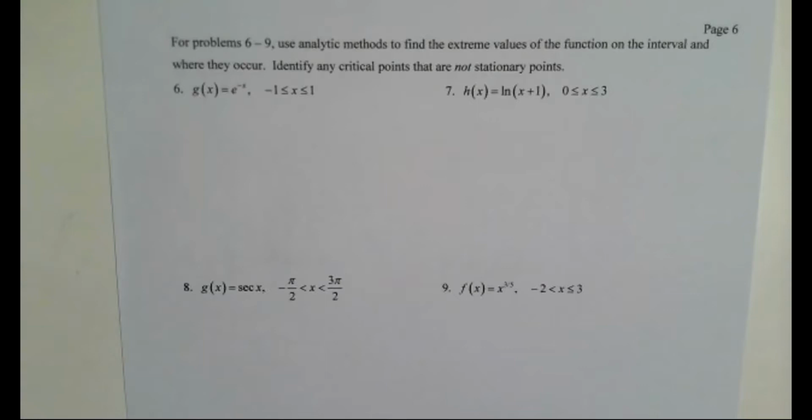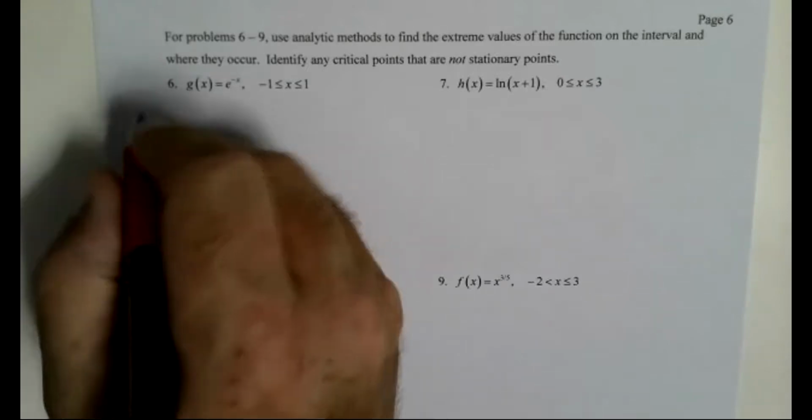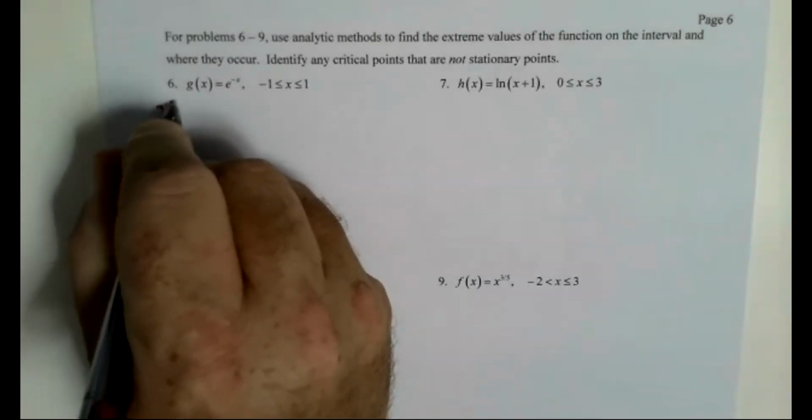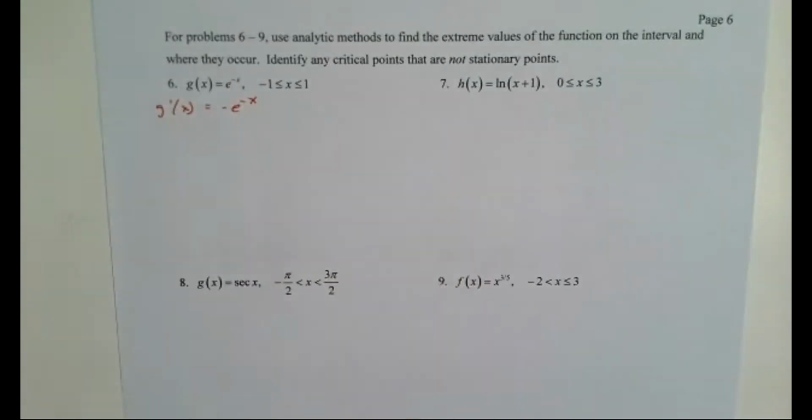All righty. Calculus. Use analytic methods to find the extreme values. Okay. So I don't really leave enough space here. Apologies. E prime of x equals negative e to the negative x.